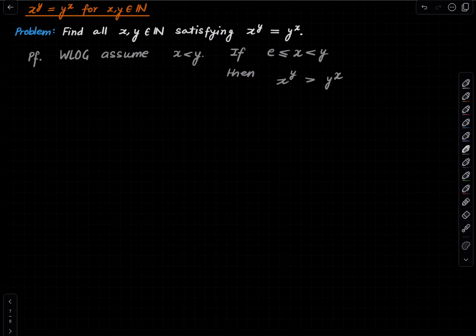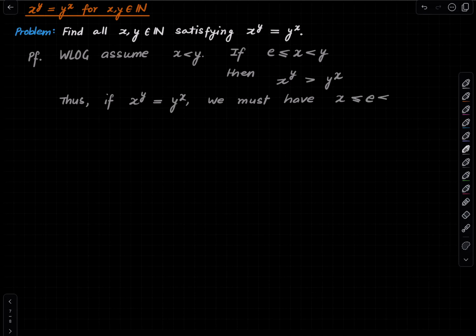That's what we just proved. So for equality to happen, we cannot have this. So therefore, if equality happens, we must have that x is at most Euler's number.